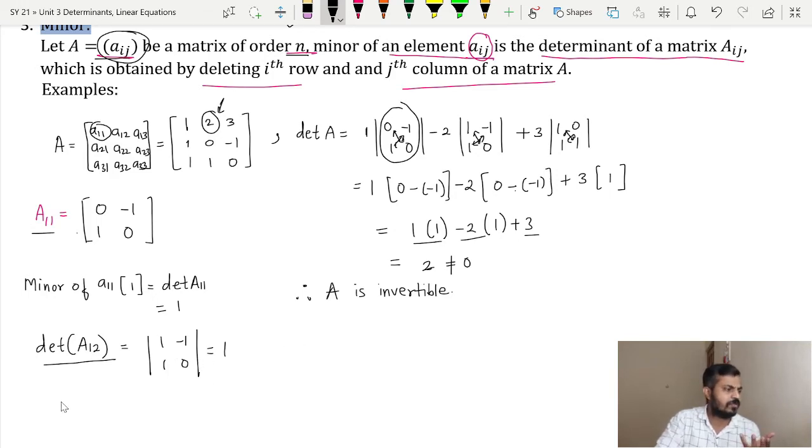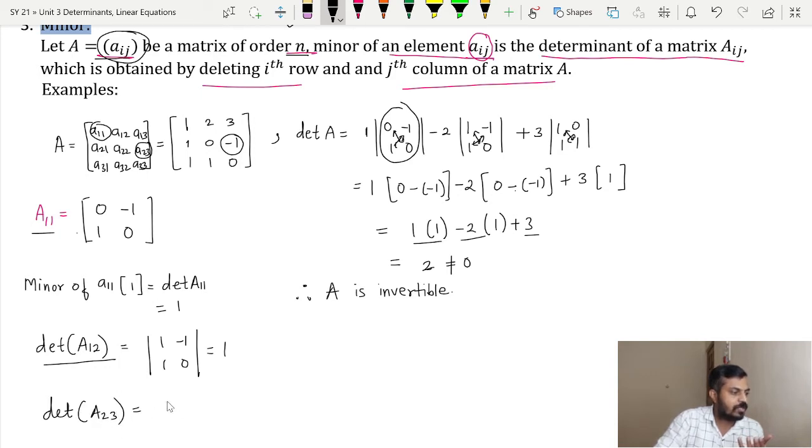Similarly you can go for the minor of the element -1 as well. So what will be the minor of that element? Now you should be careful. That is nothing but the A23 entry. So the minor of that element -1 will be the determinant of A23.